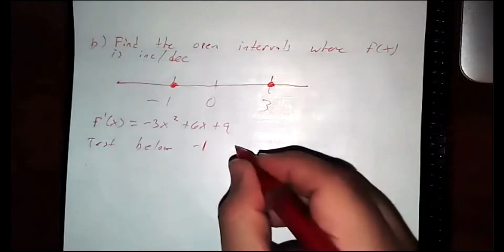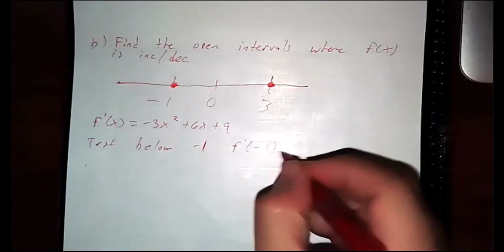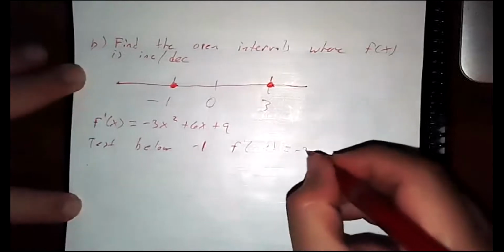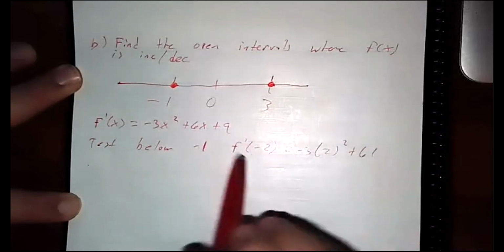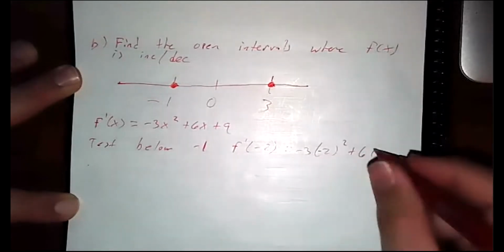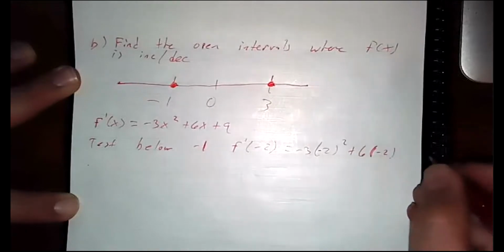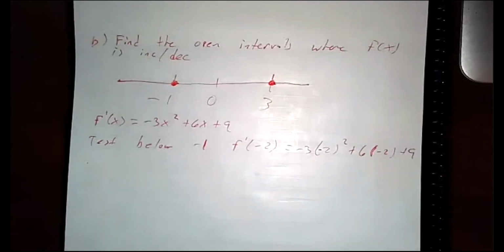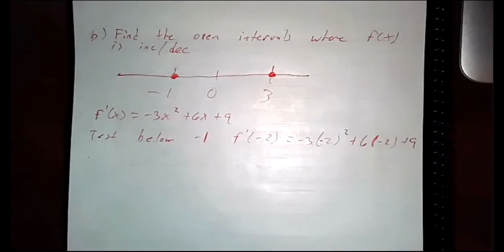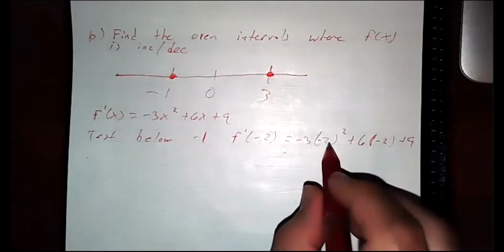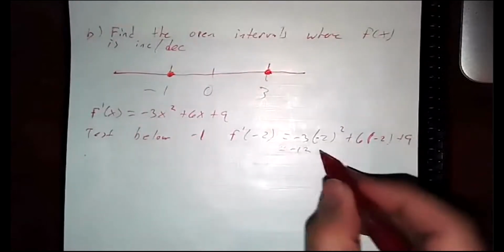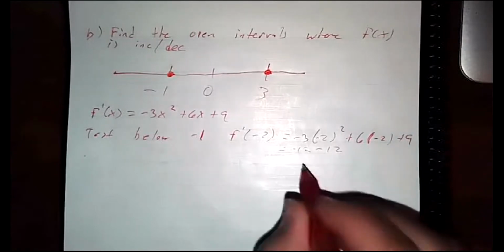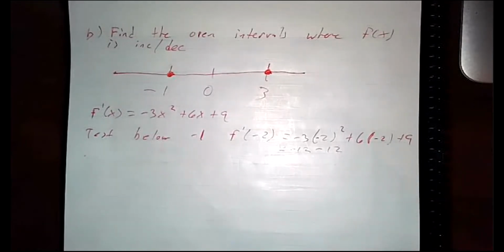So f prime of -2 is equal to -3 times 2 squared plus 6 times -2 plus 9. Is that going to be negative? This would be -12. 6 times -2 is -12. -12 minus 12 plus 9 is negative, right?